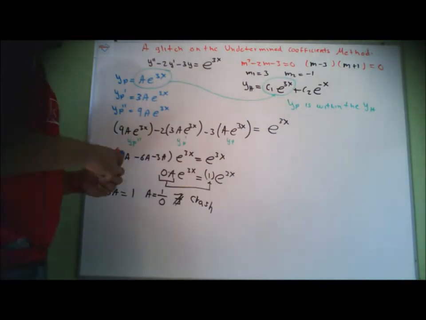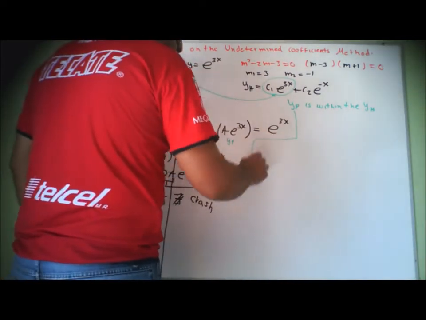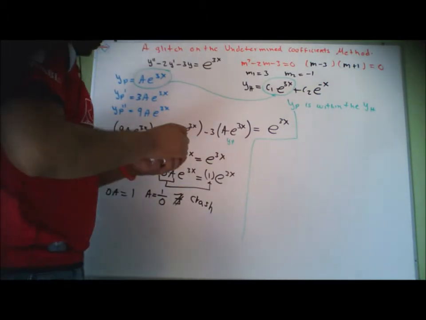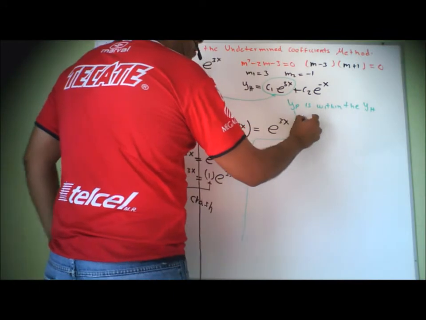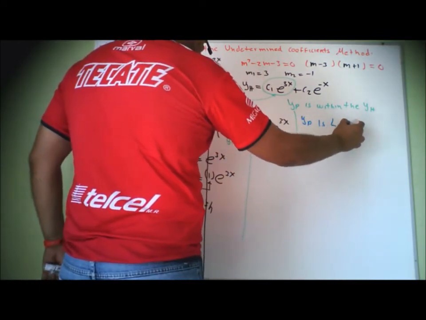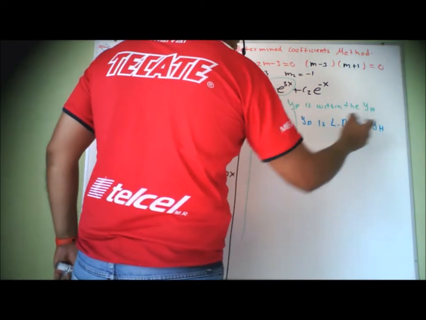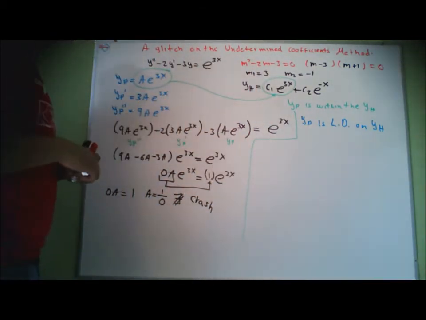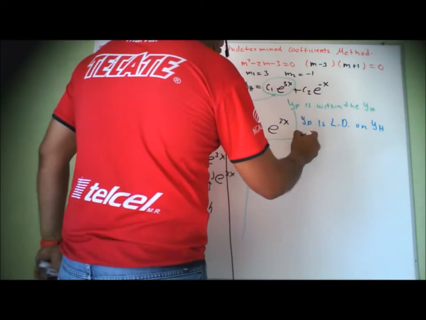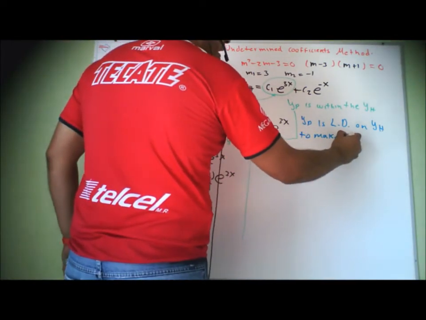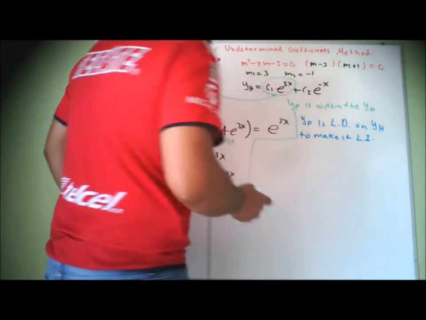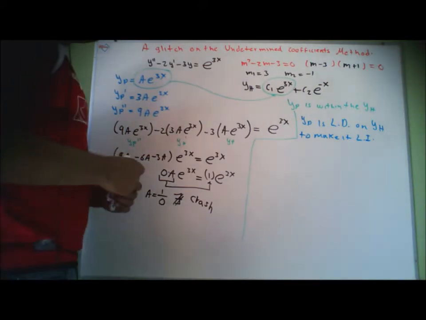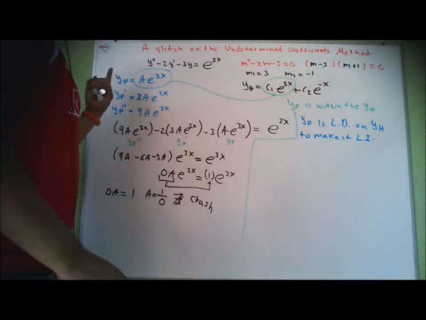The particular solution is linear dependent on the homogeneous solution, it is included in the homogeneous solution. To make it linear independent, in the repeated roots case, the second solution was just x times the first solution.